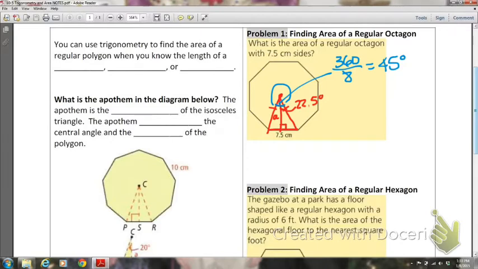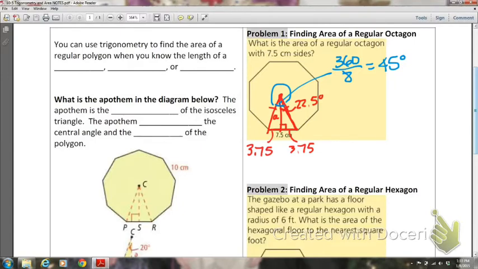Now remember, since this is an isosceles triangle that we've drawn, this side is bisected. So half of 7.5 is 3.75. So each one of these is 3.75, each of those bases of the right triangle that's drawn.